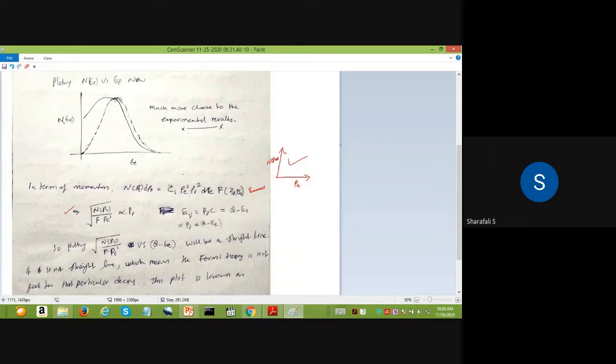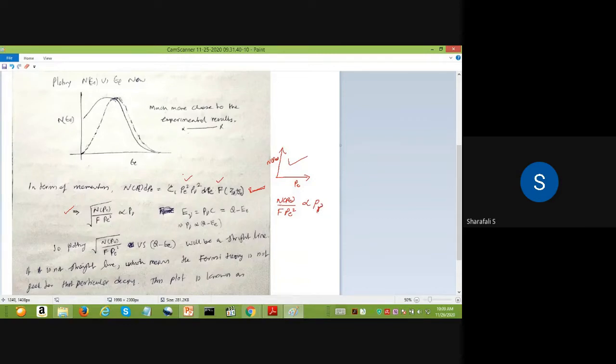If you take this p square and f, that is a Fermi function, to the other side, then you can write n of pe, that is the number of electrons with momentum pe, divided by f into pe square, which will be proportional to p nu.